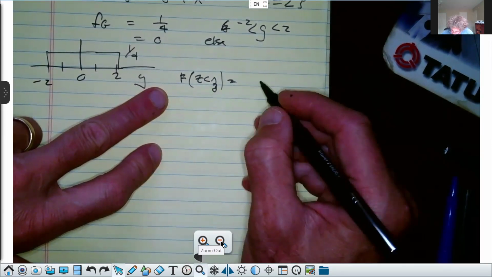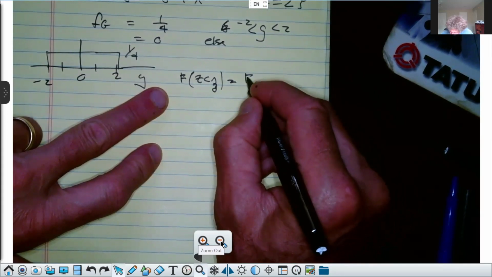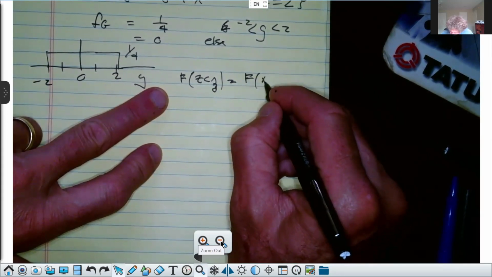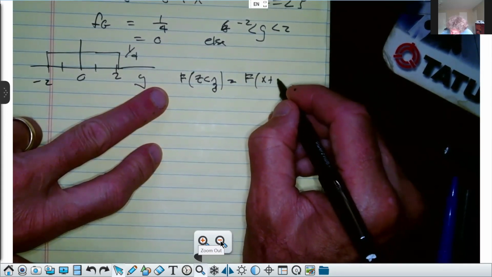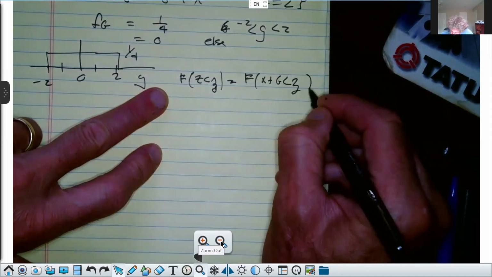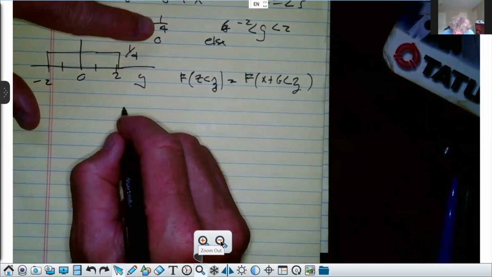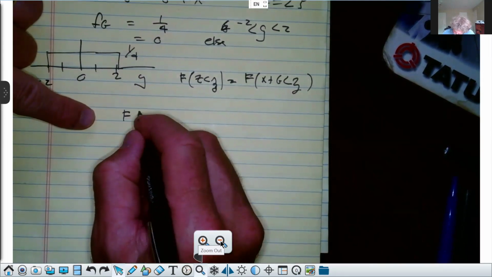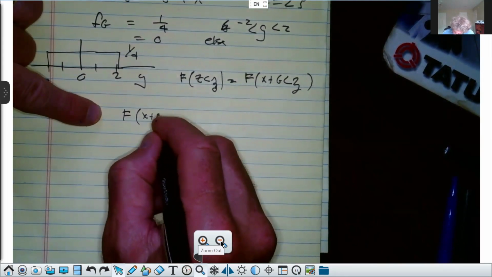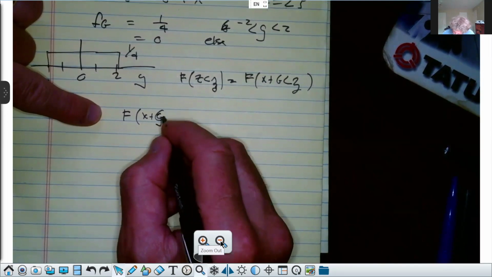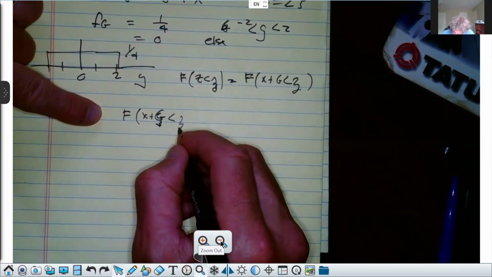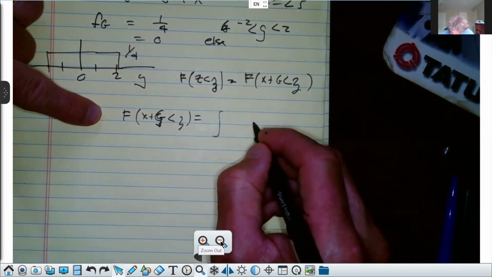This would be a distribution function too, as F of the quantity x plus g less than z. Z here is a constant. And if you look at that, this F of x plus g, or capital G, sorry, less than z, it's going to be a double integral.